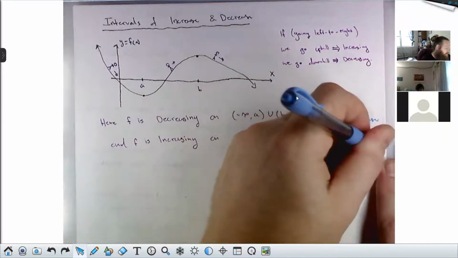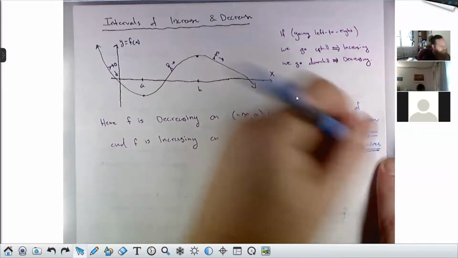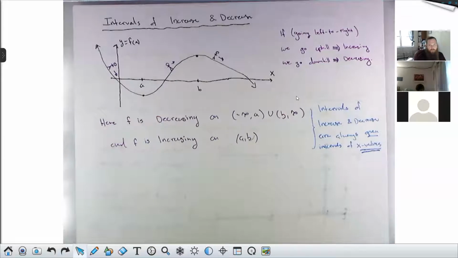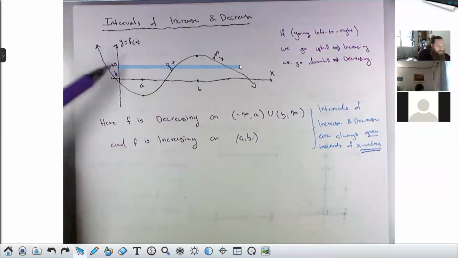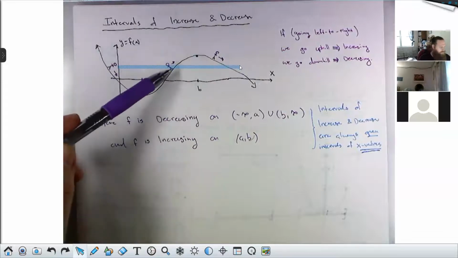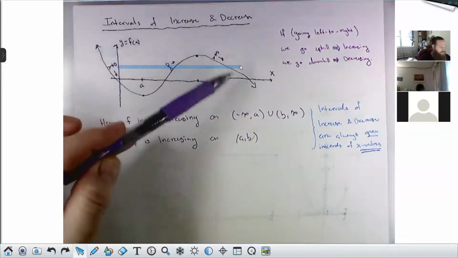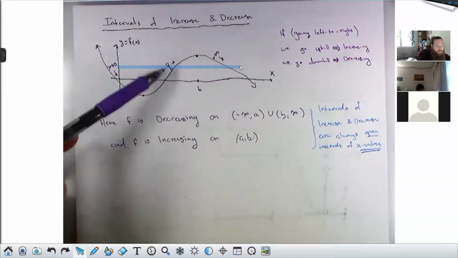And I want to emphasize the x values part. So we talked about why x values, right? Because if you tell me an x value, there's only one possible point on the graph with that x value. But if you tell me a y value, there could be many points on the graph, right? This y value corresponds to this point over here, this point over here, and this point over here. I don't know which one you're talking about.